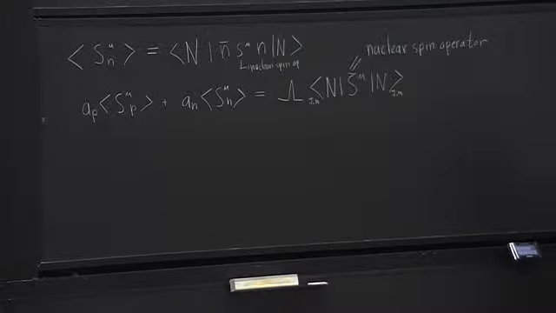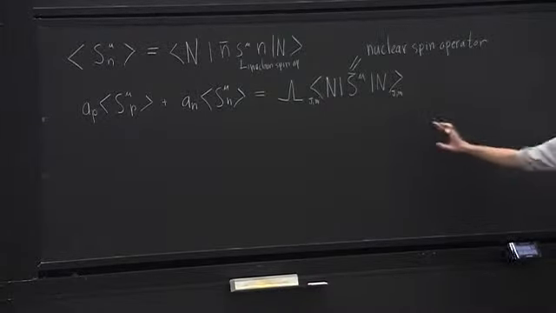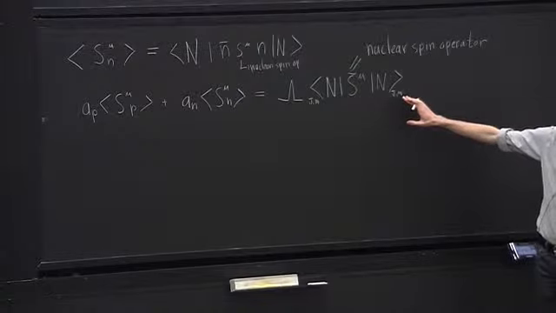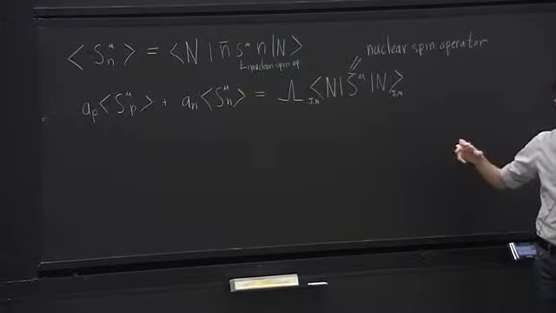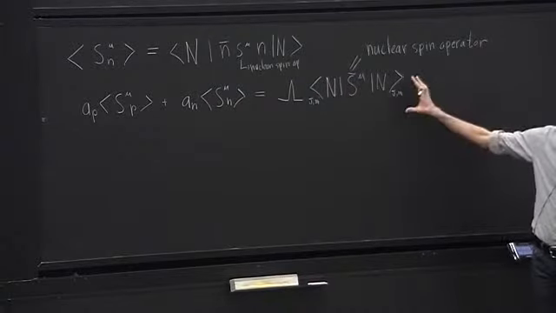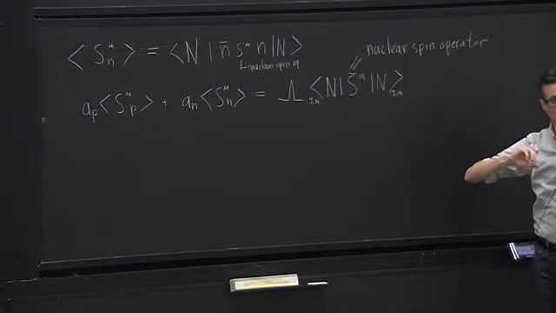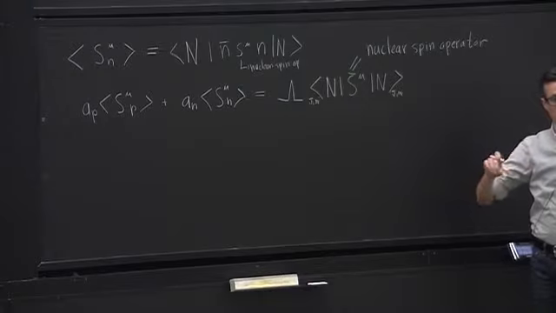Well, what's happening is I'm actually going from one effective theory to a different effective theory. So at the level of this theory, I'm treating my nucleus as an elementary object, just with some total spin state. I'm not worrying about the fact that it's made of nucleons.